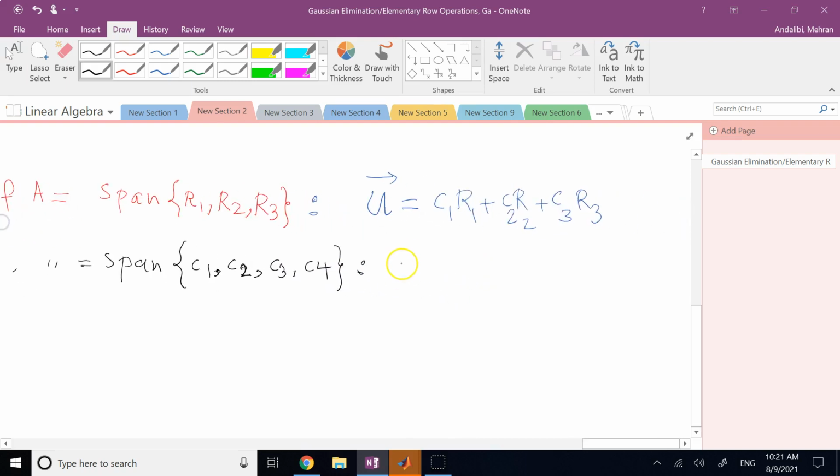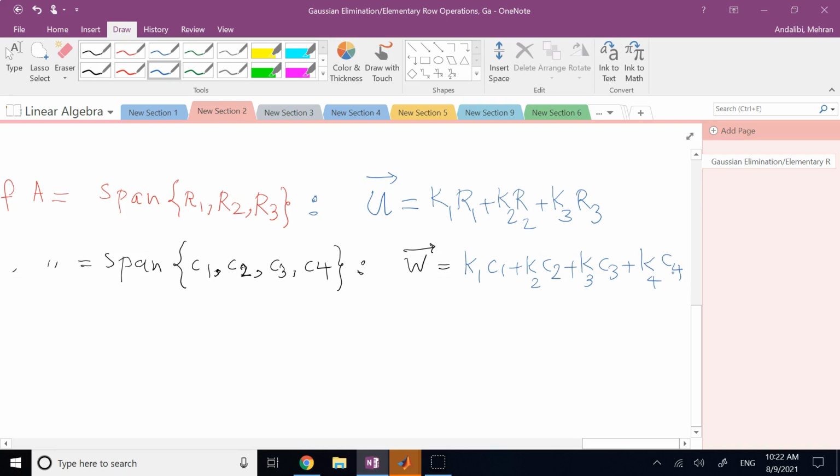So it means any vector W which is a linear combination of these. By the way, I called the coefficients C as well, so to avoid confusion, let me change the name of these coefficients. I call them K1, K2, K3, K4, and they are scalars. So it is like K1C1 plus K2C2 plus K3C3 plus K4C4.